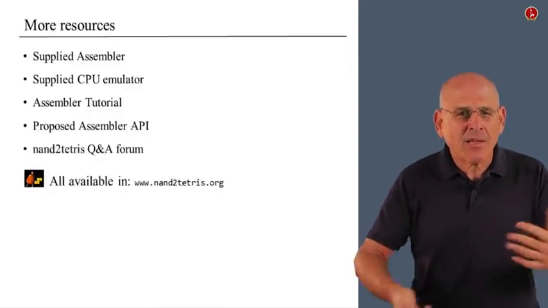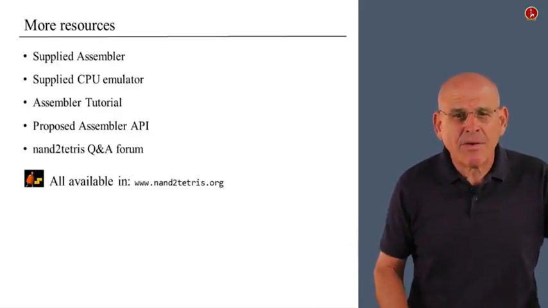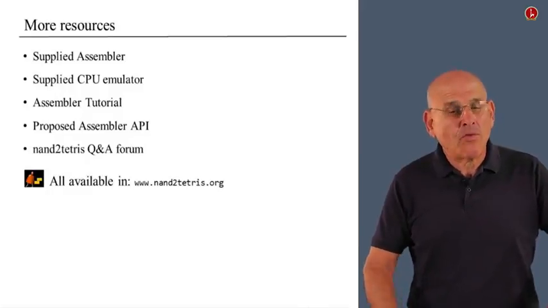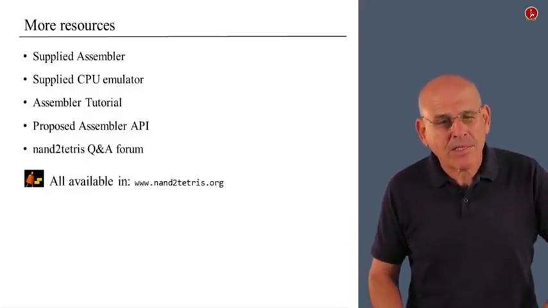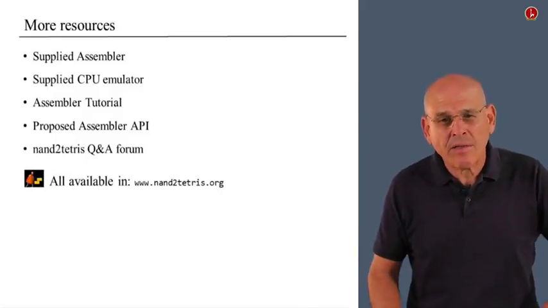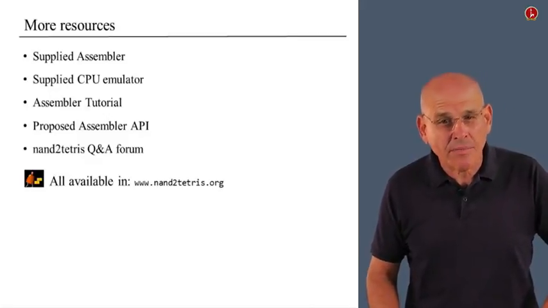And there's another set of resources that you might find useful, like the supplied assembler, the supplied CPU emulator, a tutorial, a proposed assembler API, and so on. All these things are available in the website, and you are welcome to use and consult them.